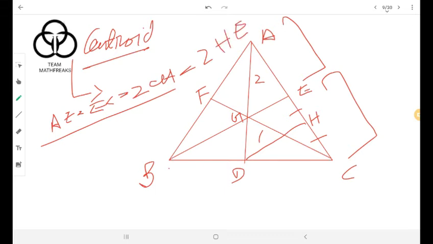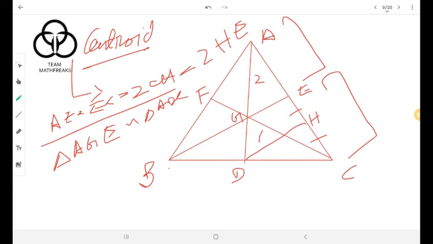Now here you use similarity. How will you use similarity? Triangle AGE. This triangle, okay? Triangle AGE is similar to triangle ADC.